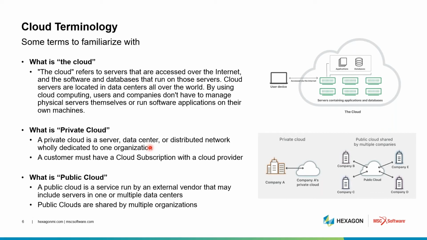Whereas the public cloud is where the service is run by an external vendor that may include servers in one or multiple data centers, so public clouds are generally shared by multiple organizations. People with ITAR compliance and so on generally prefer to have a private cloud. Eric will talk a little more about it in his presentation as well.